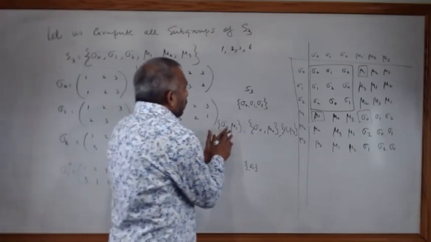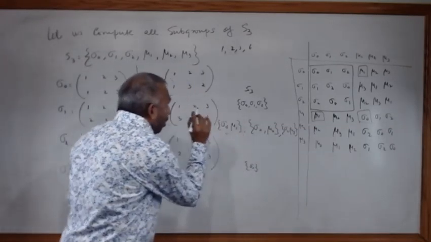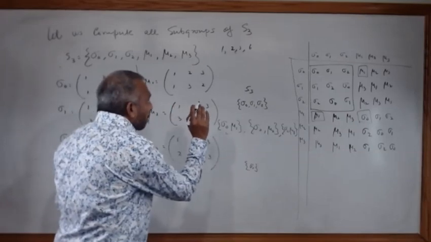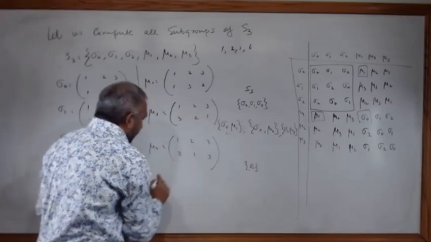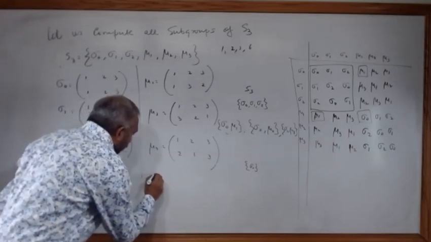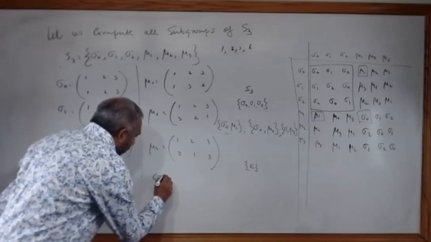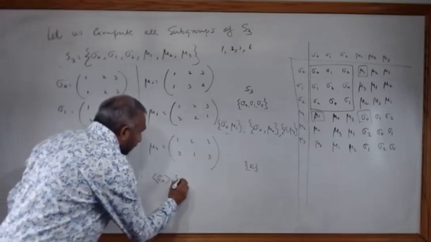If you don't want to do it like this, what you can do is find all the subgroups generated by each element. So what I'm saying is, the subgroup generated by sigma 0 is going to be just sigma 0.